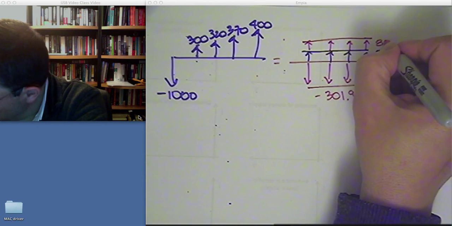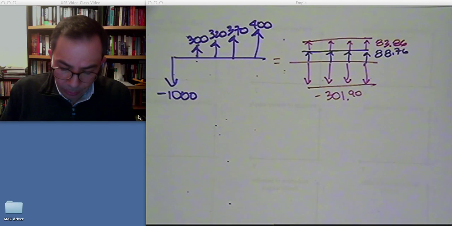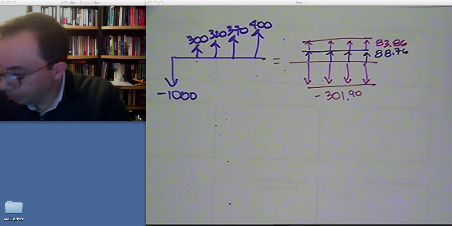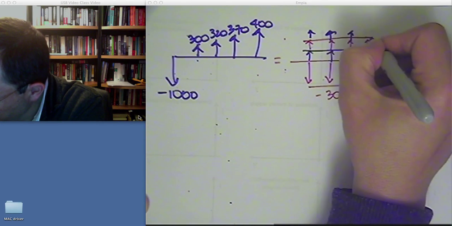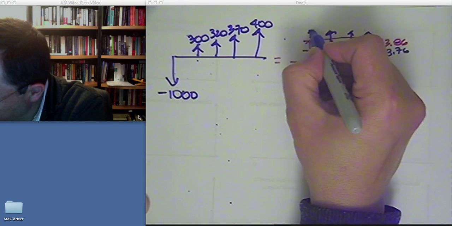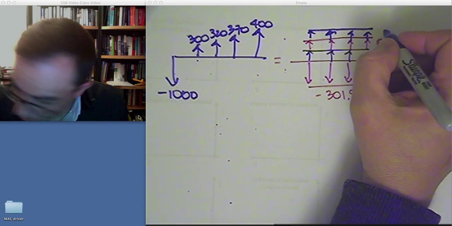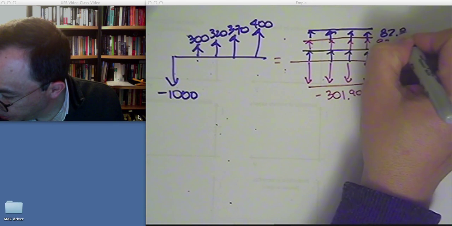Let me be sure, yeah. A third one for 82.83. Of course, not the most neat diagram, but I guess the concept is right. 82.83.